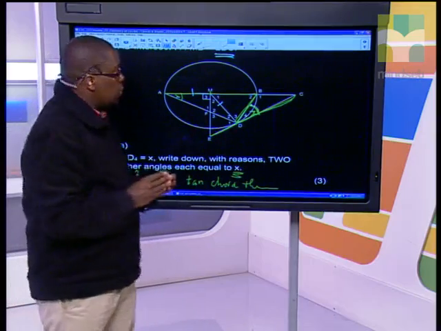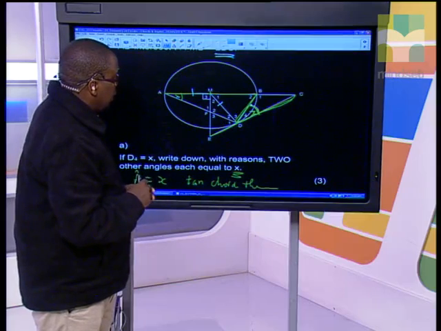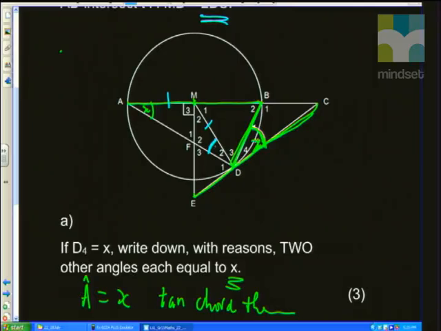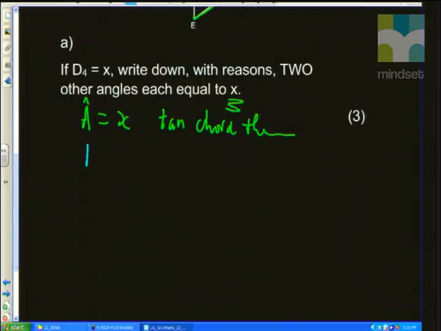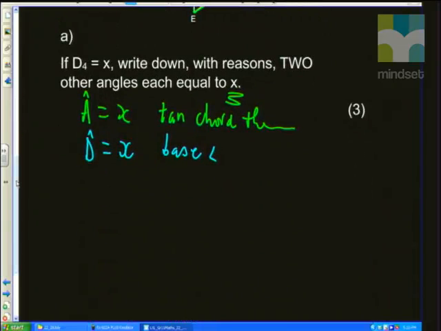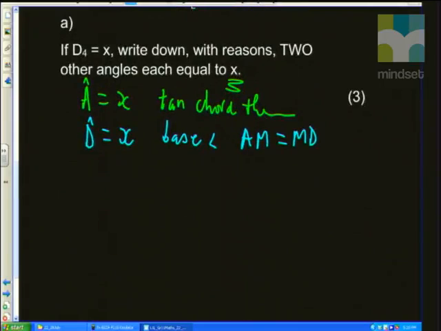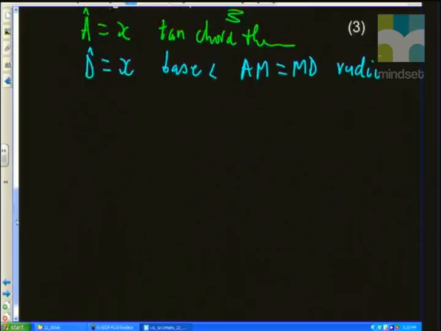With isosceles triangles, we learned that the base angles are equal. So this will also be equal to X. So D2 is also X. You can say base angles of isosceles triangle, AM equals MD, they are both radii, which are equal.